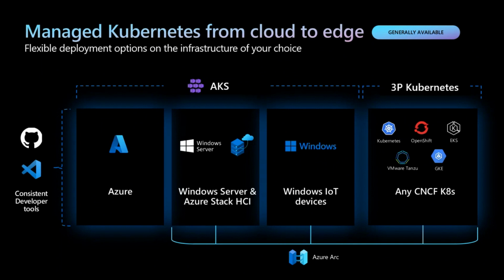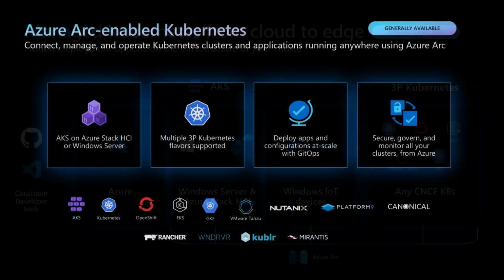All right. So yeah, this slide shows you can manage the entire Kubernetes estate, I would say, whether it's running as AKS on Azure, whether it's running as AKS on Windows Server or Azure Stack HCI, or on any of the Windows IoT devices at the edge, or whether it's an Arc-enabled Kubernetes cluster, let it be any like OpenShift or EKS, VMware Tanzu, any CNCF certified Kubernetes cluster can be Arc-enabled, and you can manage all of them from the single pane of glass or from the single common dashboard and monitor them, secure them all through one endpoint.